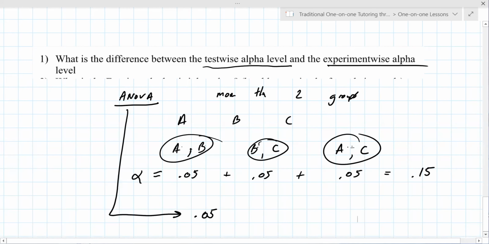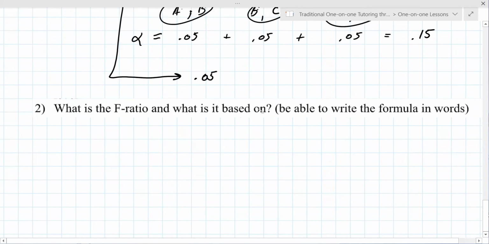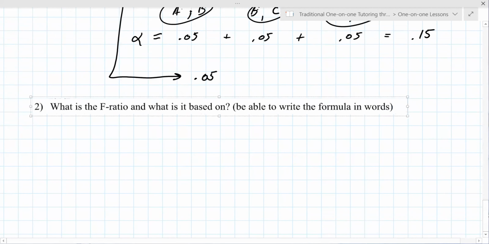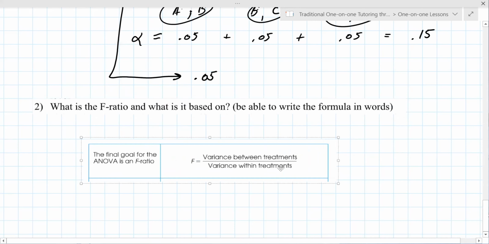All right. So the next question here, the instructor is going to ask you a question like the F is, and you're looking for a sentence with this formula in it. The variance between treatments.